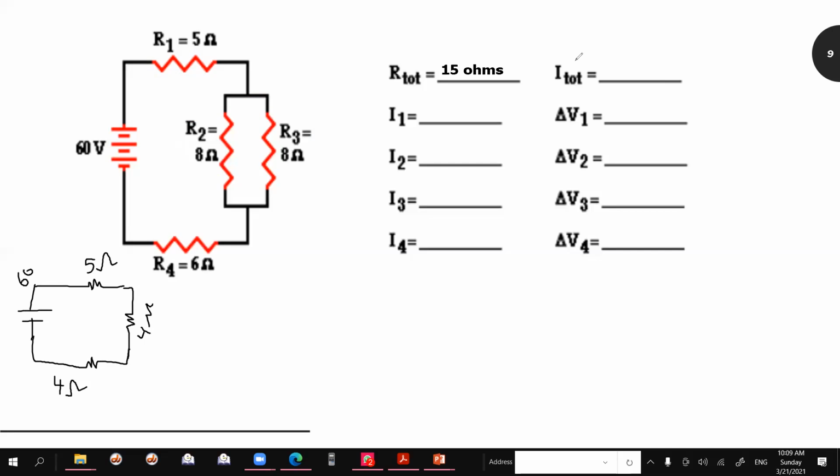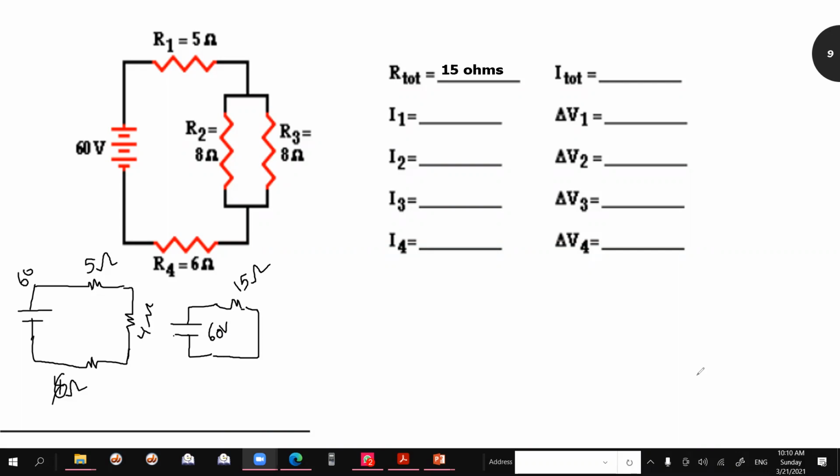After we find the equivalent, we say that R4 is 6, and here we find that the equivalent is 15 ohm, and here we have 60 volts. So this is now the simplest circuit we have.